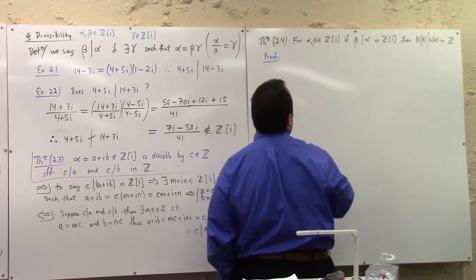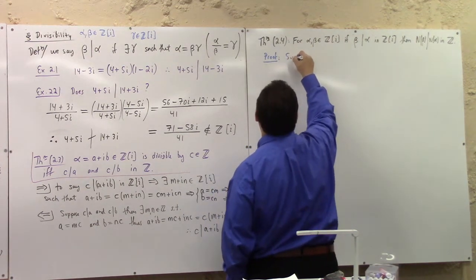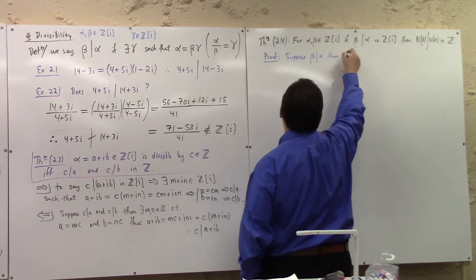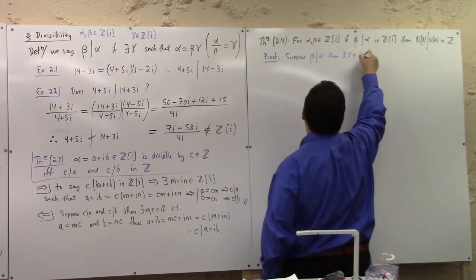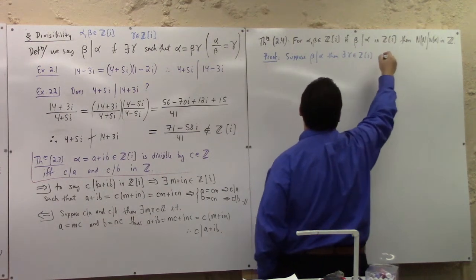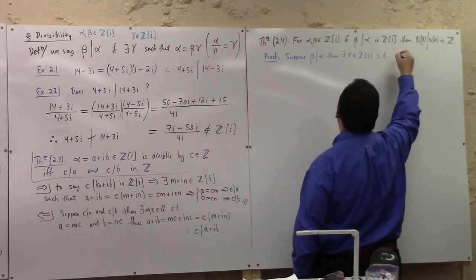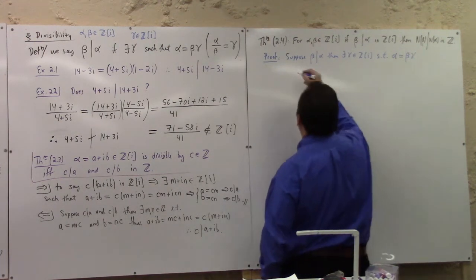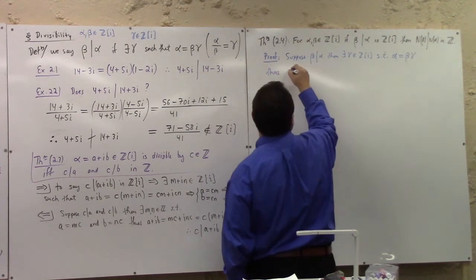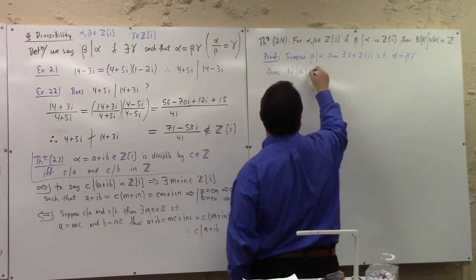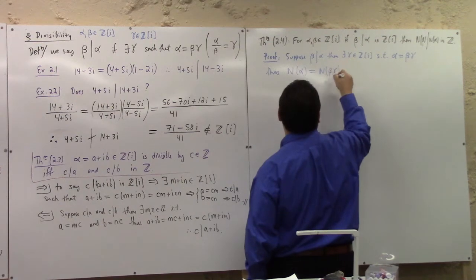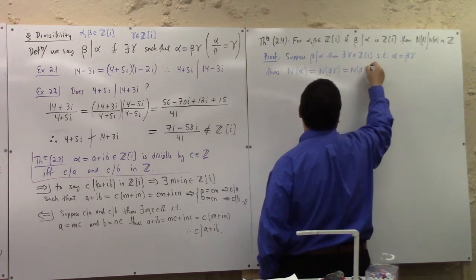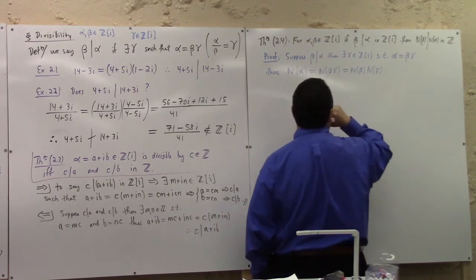Proof. So suppose beta divides alpha, then there exists gamma in Zi such that alpha equals beta gamma, right? Thus, N of alpha equals N of beta gamma, but by the multiplicative property of the norm that we proved, this is N of beta times N of gamma, right?